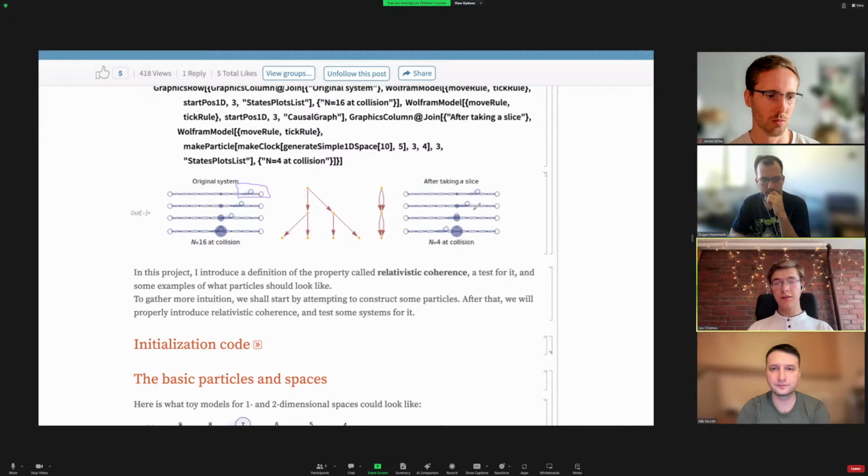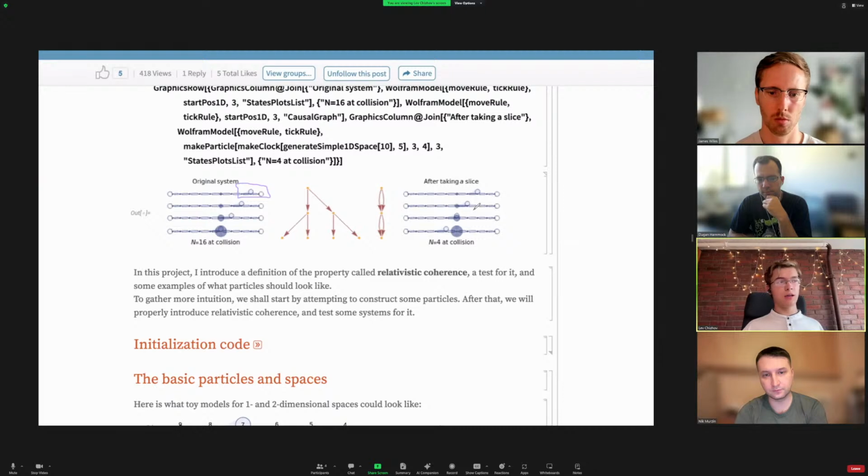In general, if they are separated by some distance, it doesn't raise any contradictions if the particle is suddenly closer to the clock. But once they get together, the number of events applied to the clock should be coherent with the state of the particle.